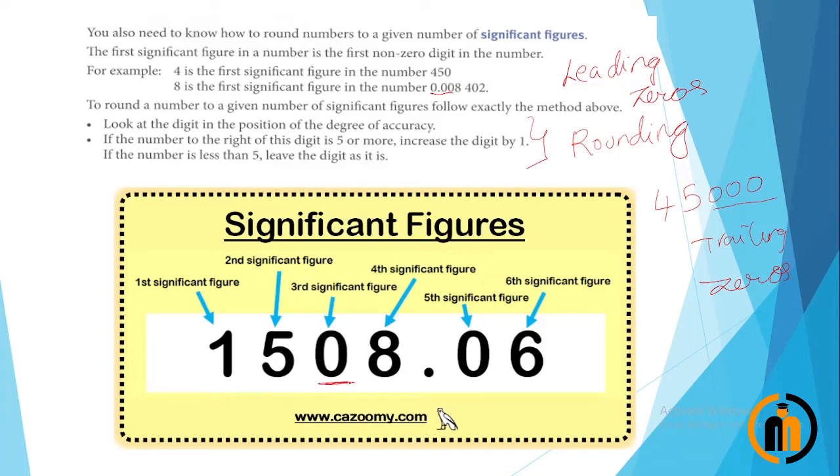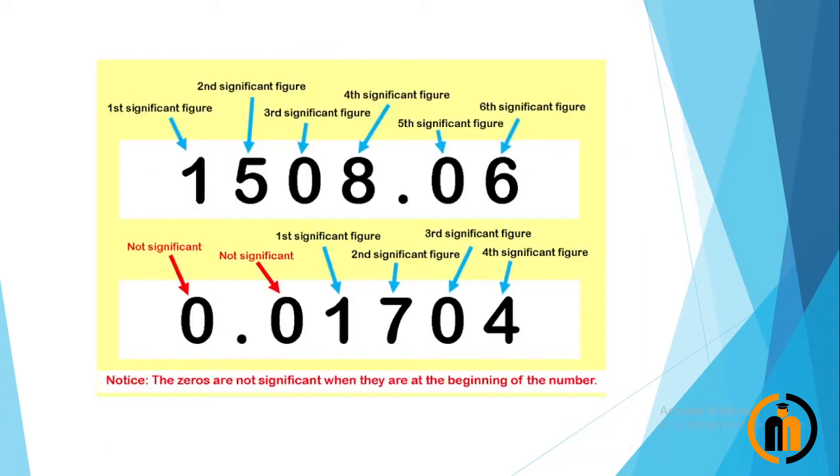This 0 is considered a significant figure because it lies between two non-zero numbers. Here also the same: this 0 lies between two non-zero numbers, and the 0 comes after the decimal point, so that is also considered a significant figure. This is another example about the rules for zero. Here the first two zeros before the non-zero number are called leading zeros.